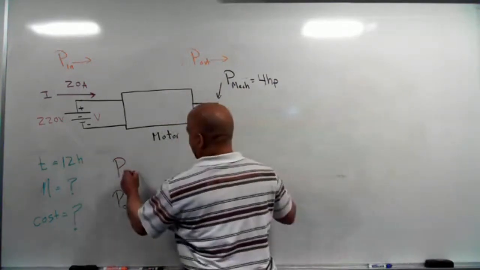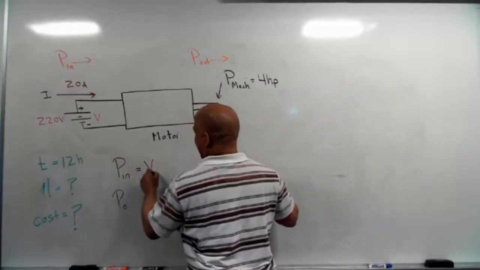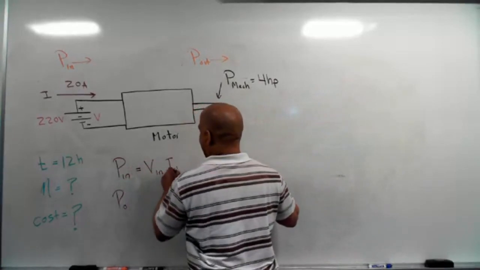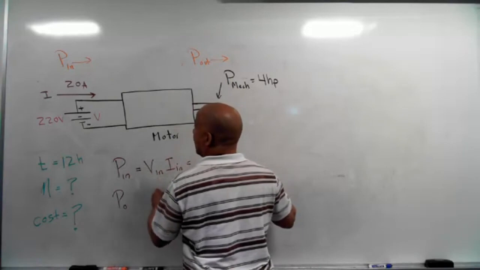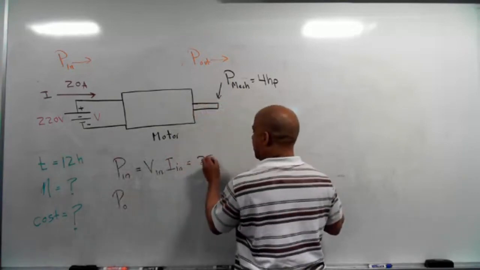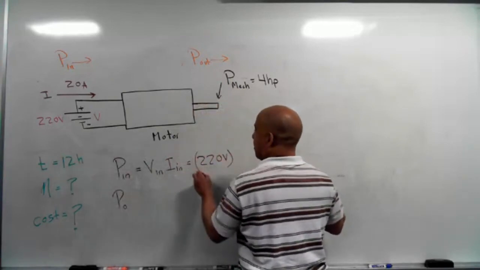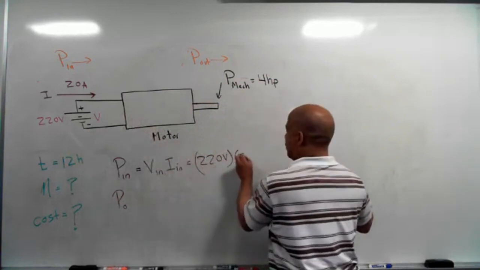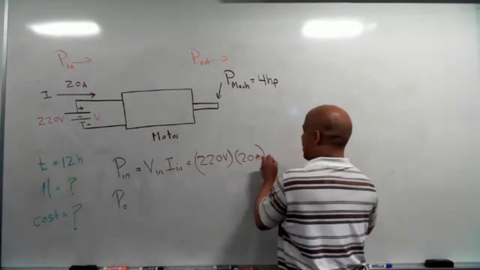P in is pretty easy. It's going to be V in times I in, and they give us those values. V in is 220 volts, and the current flowing in is 20 amps.